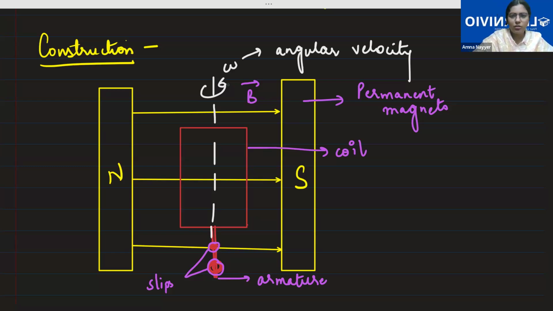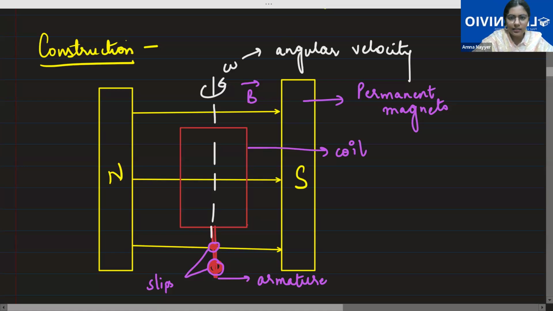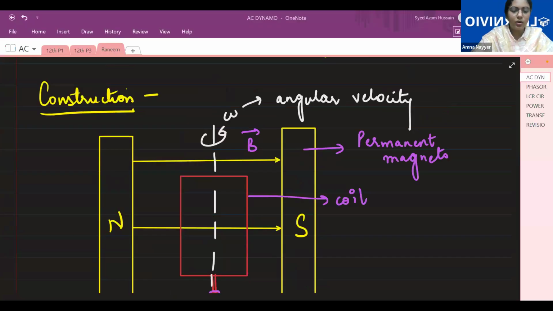I'll show you a picture also that you have to draw. I think it's on some other page, but I'll just put it here. You can draw it in one go because that is important.